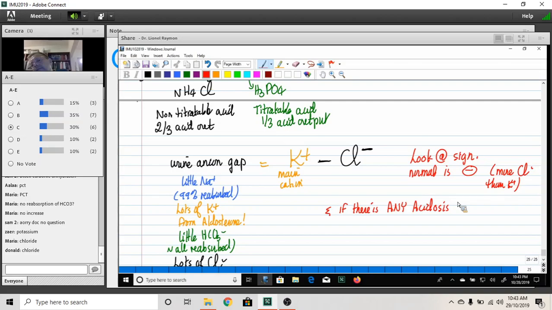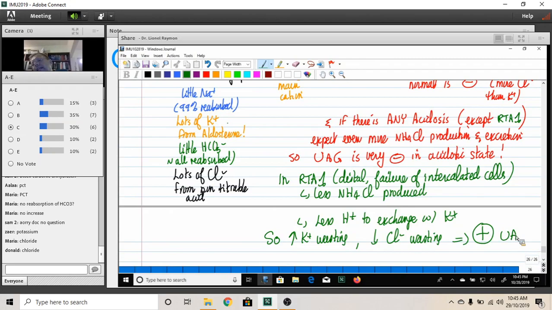So increased potassium wasting. It's gonna cause a positive urine anion gap, which is gonna be diagnostic. Look, that's in RTA1.